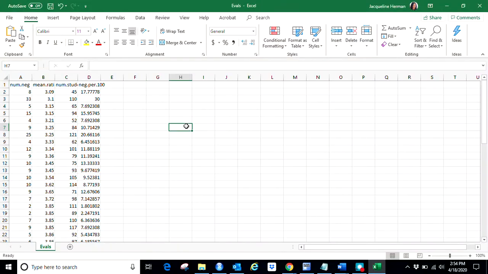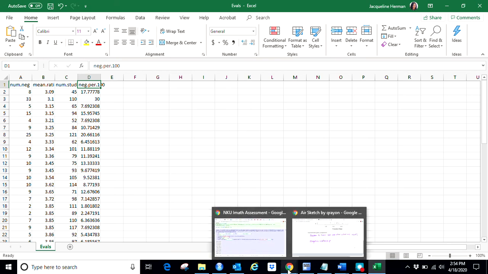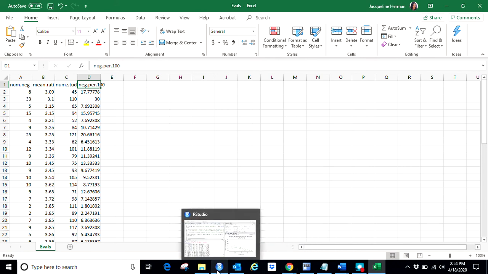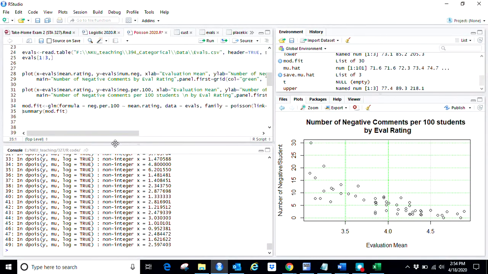So originally my data set had just the number of negative comments, but now that we're modeling the number of negative comments per 100, I actually have decimals as values, which they say doesn't make sense if you're working with a Poisson distribution, so that's just giving you that warning. It still fit everything, it's just warning you that there were some numbers in there that didn't make sense because they weren't integers.